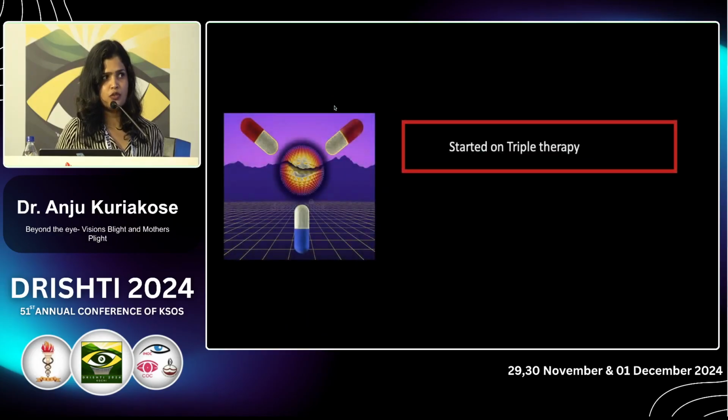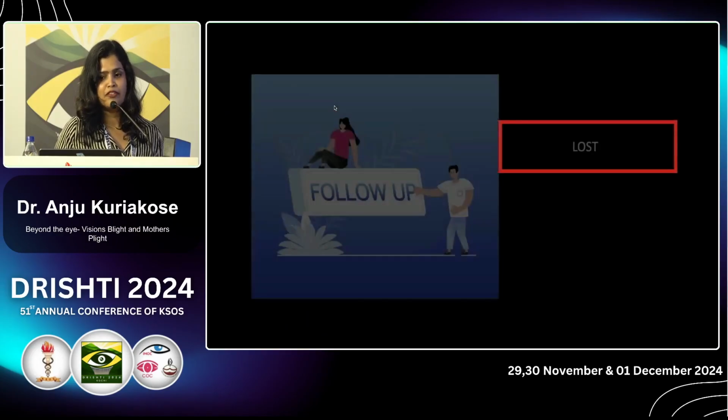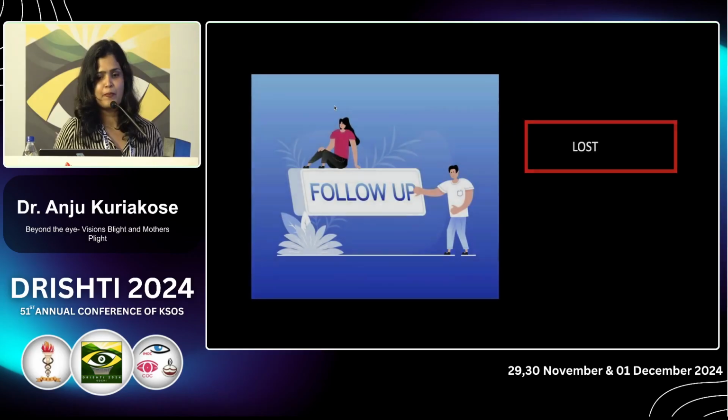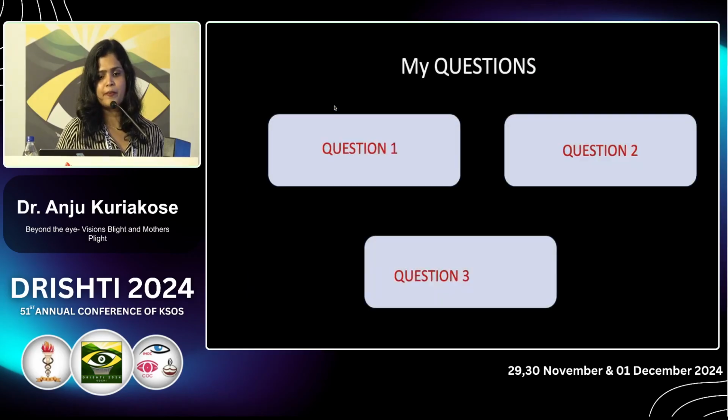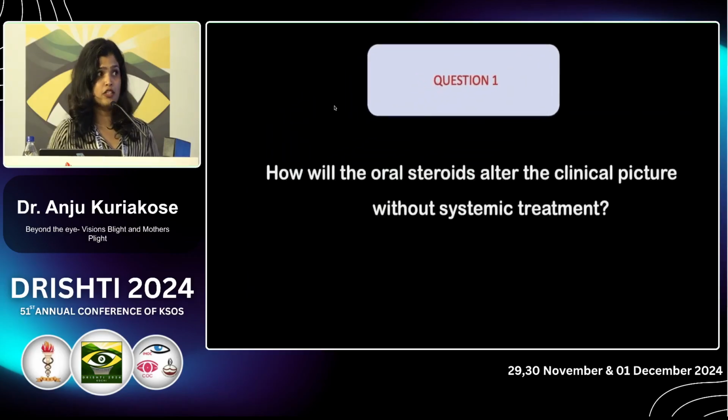So she was started on triple therapy, but we lost follow-up of that patient. My question will be, how will the oral steroids alter the clinical picture without systemic treatment, because she was started previously on systemic steroids before coming to us?